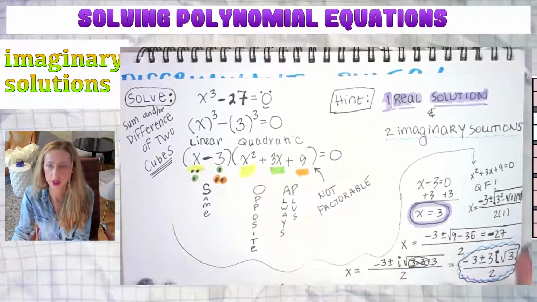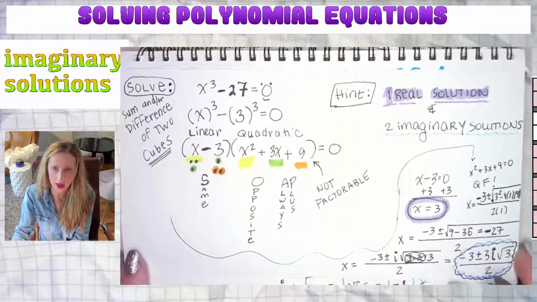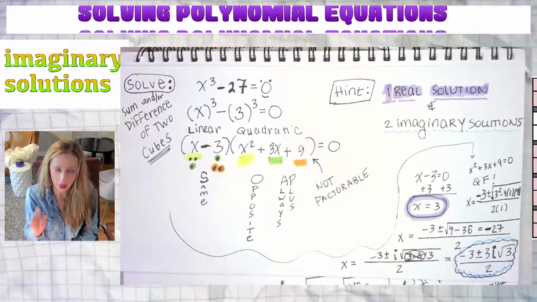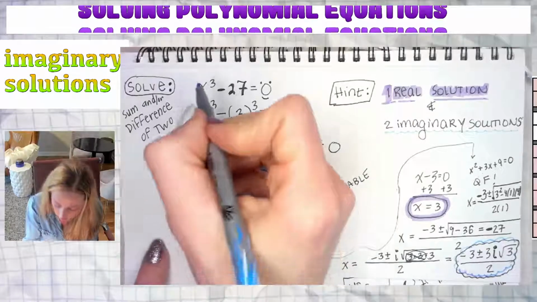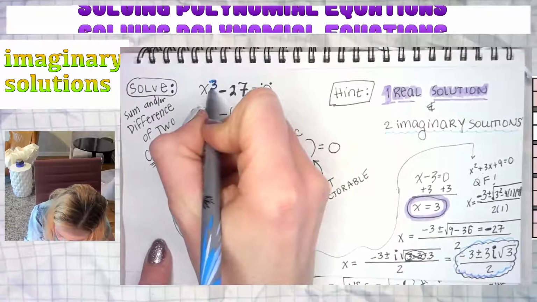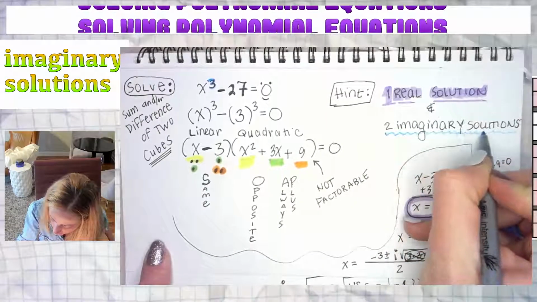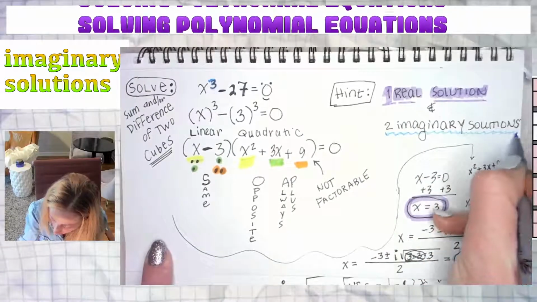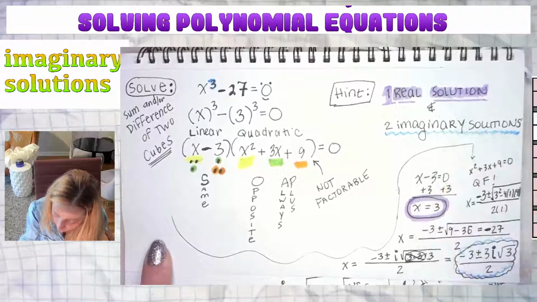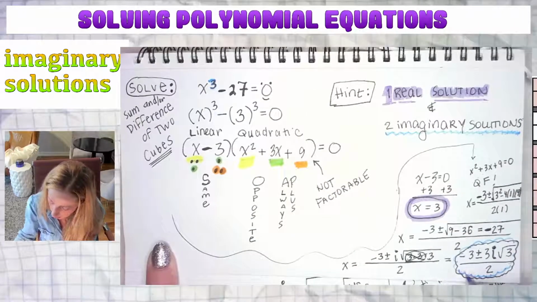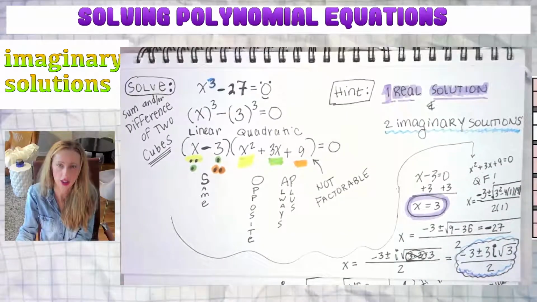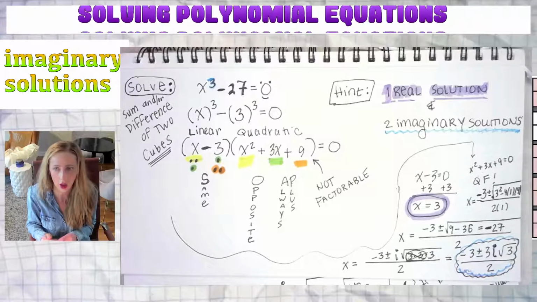So how many answers did we get all together? We got 3 answers all together. Now, that was something we also talked about a long time ago. We said the power of the polynomial tells us how many solutions in total you will have. So we have 2 imaginaries and we have 1 real. So we had 3 solutions for this cubic equation.